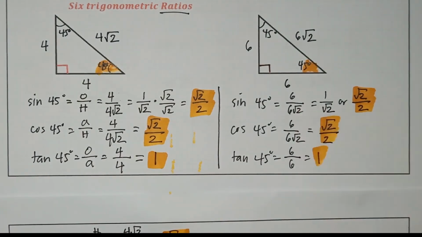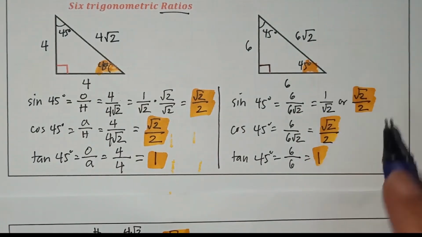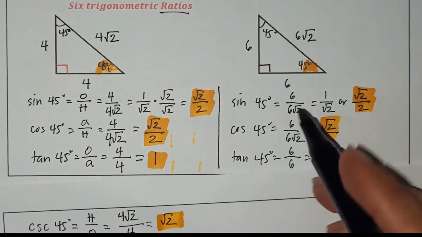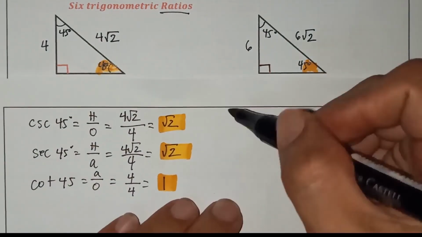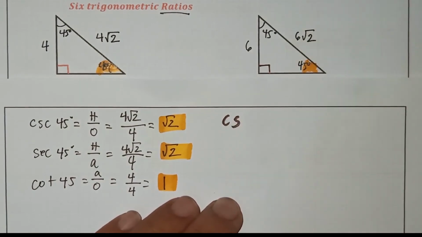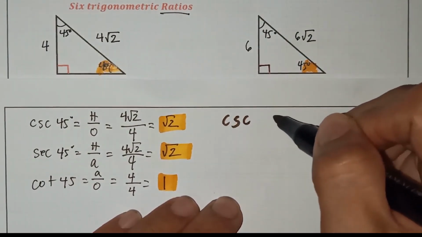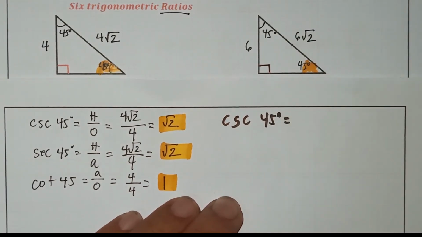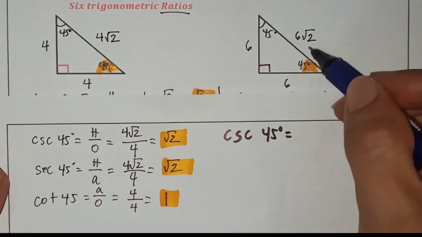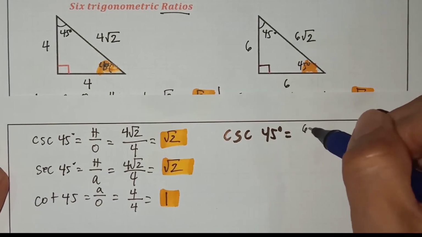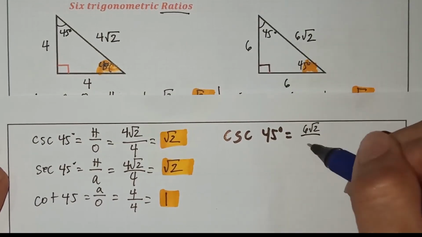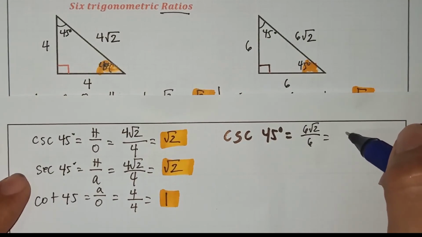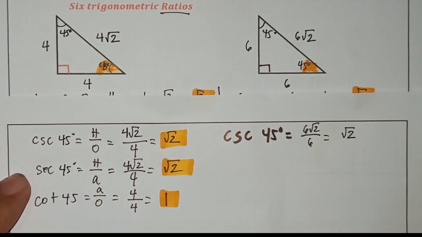And for the other figure, we have the cosecant 45 degrees, which is hypotenuse over opposite. The result is square root of 2.